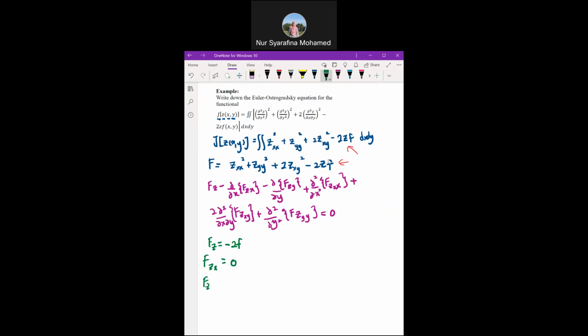What is our fzy? There is no zy, equals 0. And then fzxx equals 2zxx, fzxy equals 4zxy, and fzyy equals 2zyy. So we have all of these coefficients.